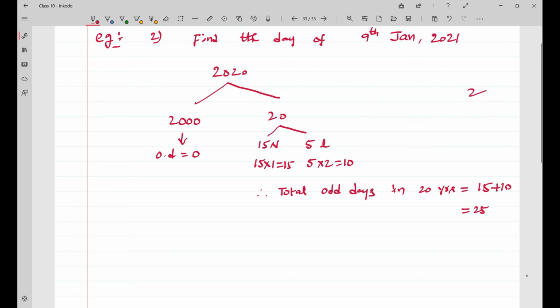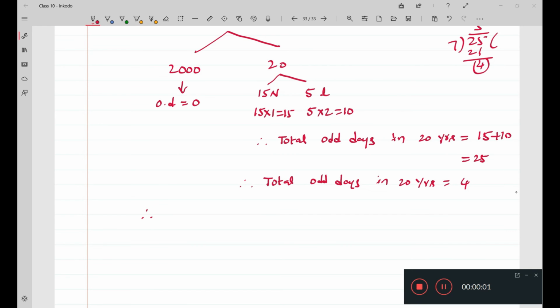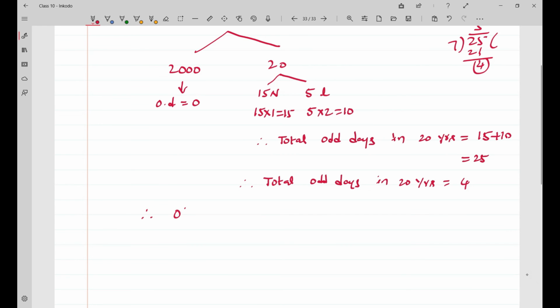Now again 25 divided by 7, 7 3s are 21, we will get remainder 4. Therefore total odd days in 20 years equals 4. Odd days up to 2020 equals 0 plus 4 equal to 4.